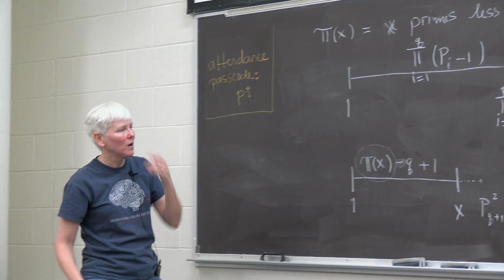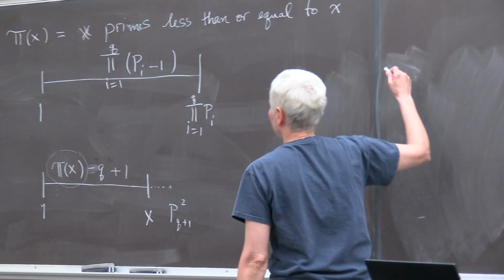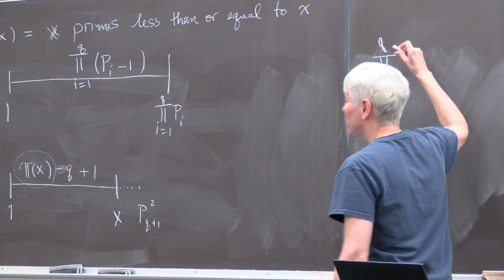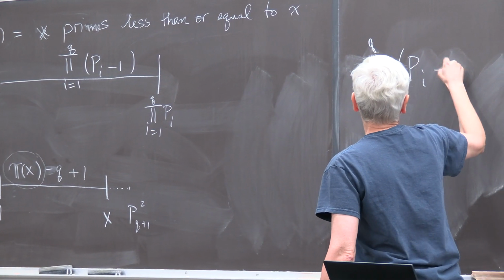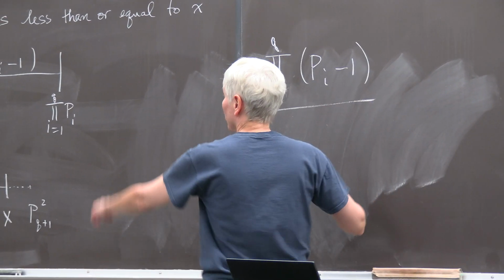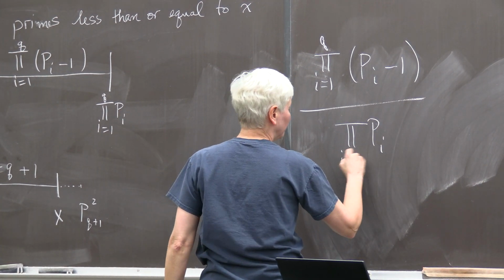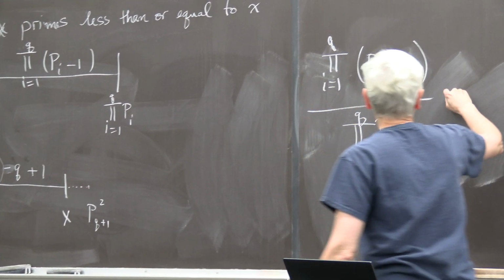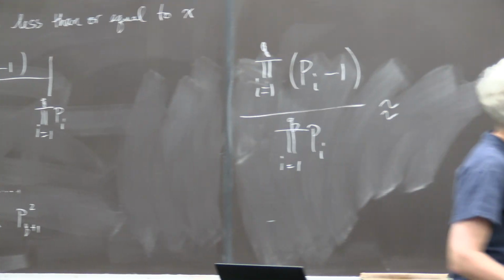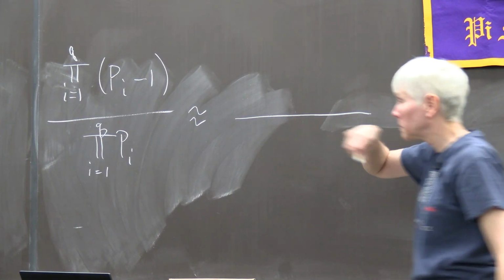Look at that. So I said to myself, okay, so what if I write this? The product, i goes from 1 to q, of pi minus 1. That quantity is to the product of the first q primes as, what would you write next? What would you write in the numerator here?